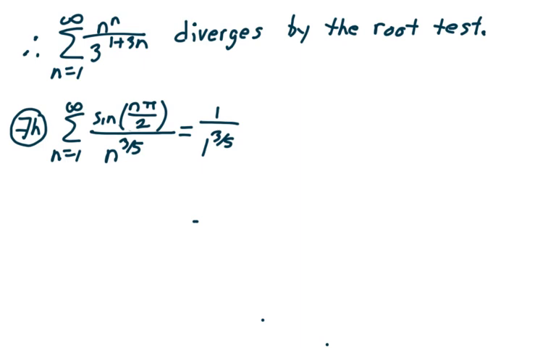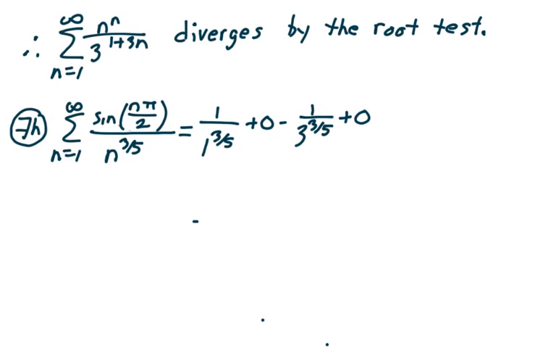When n is 2, 2 pi over 2 is pi, sine of pi is 0. So I'll put plus 0 for effect. At n equal to 3, we get minus 1 over 3 to the 3/5. Plus 0, right? When n is 4, sine of 2 pi is 0.